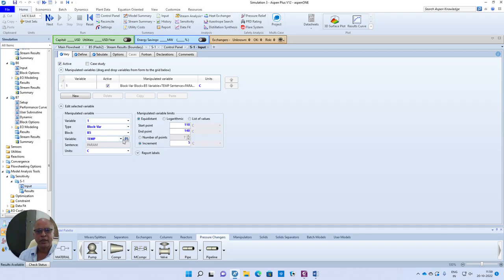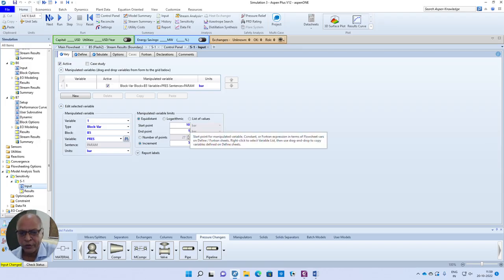I do not want much of a variation. Let us say 10 to maybe 15 bar in steps of 1, provided at 120 you have a two-phase region available within this.